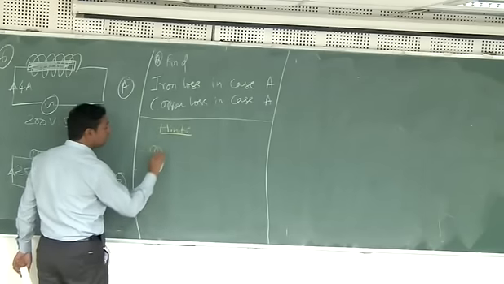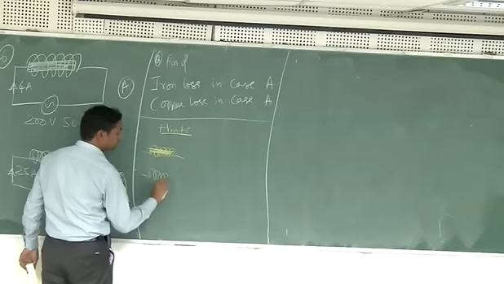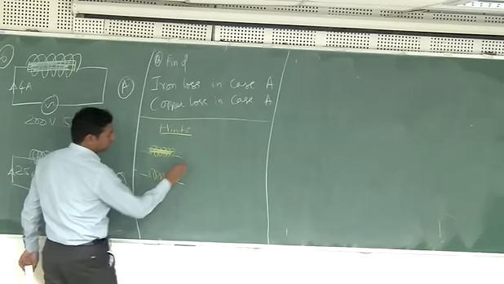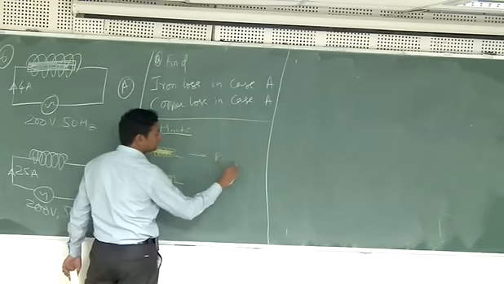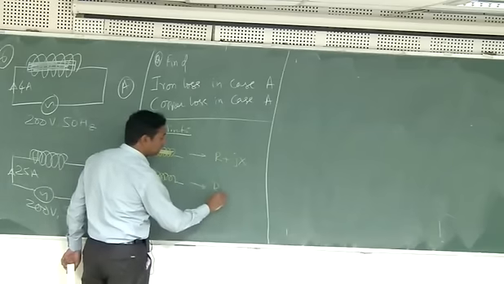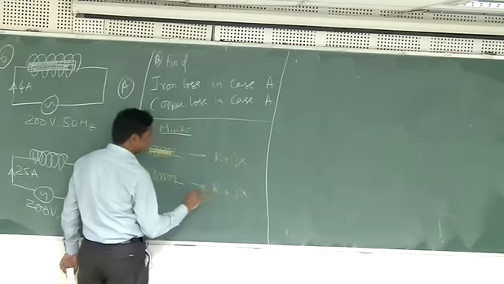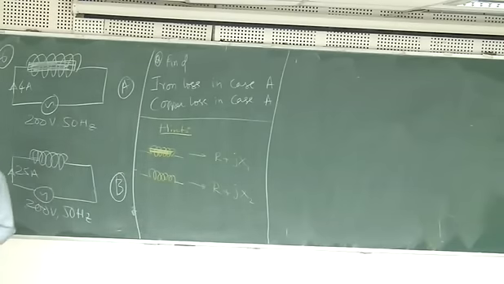A coil with a core will translate into some R plus jX. So here it will be X1, here it will be X2. R will be the same in both the cases. This is just a clue that I am giving you on how to work this out.